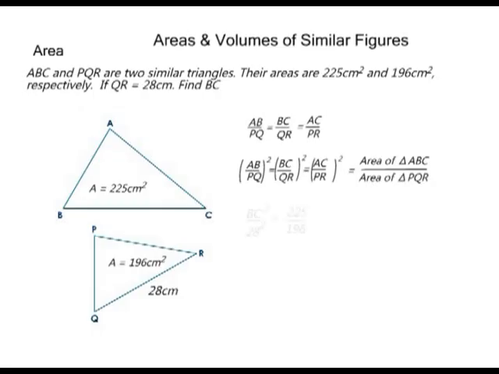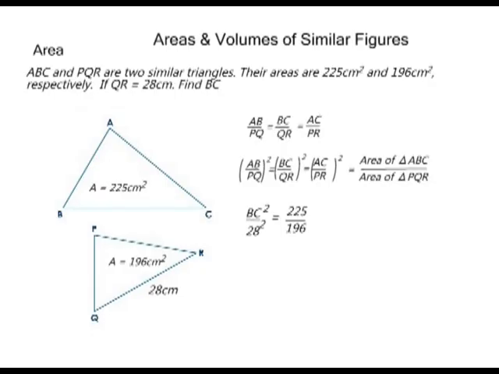And so (BC over 28) squared is equal to 225 over 196. BC squared times 196 is equal to 28 squared times 225. We divide both sides by 196 and BC squared is equal to 900. BC is 30 centimeters.